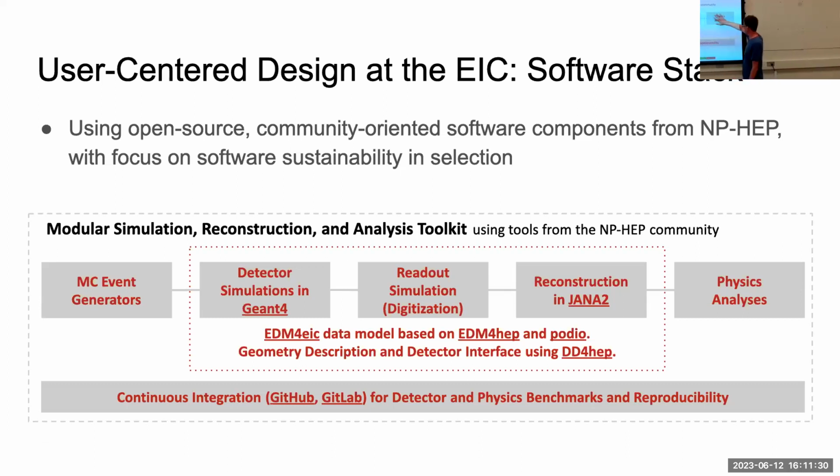At the point when you're doing physics analysis at this interface layer, you can read whatever is coming out of reconstruction with regular ROOT. You can read it with Python. You can read it with Julia. You can read it with Excel.